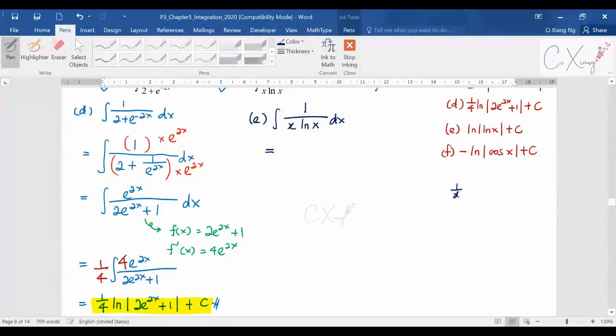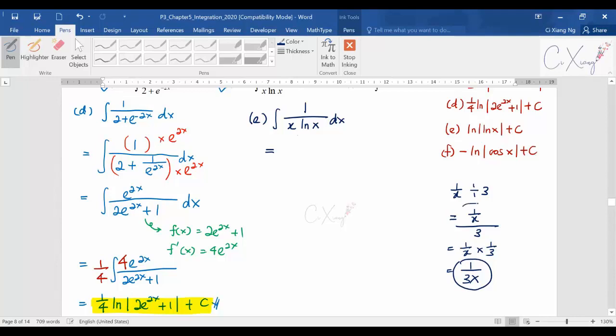Okay, if let's say I'm having 1 over x divided by 3, how can you do it? Last time when you learned, 1 over x divided by 3 means it is 1 over x multiplied with 1 over 3, and therefore you can put it as 1 over 3x.